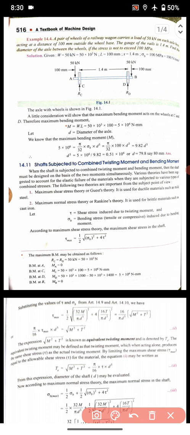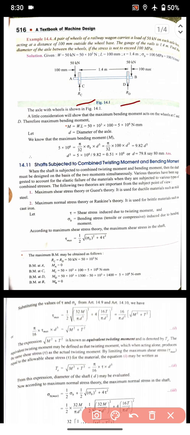Okay, now we know that in a shaft subjected to bending moment, if the wheel has some load, then a reaction will be there. Reactions are denoted by RC and RD.